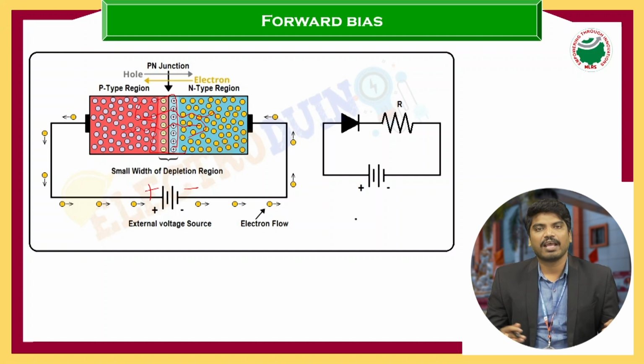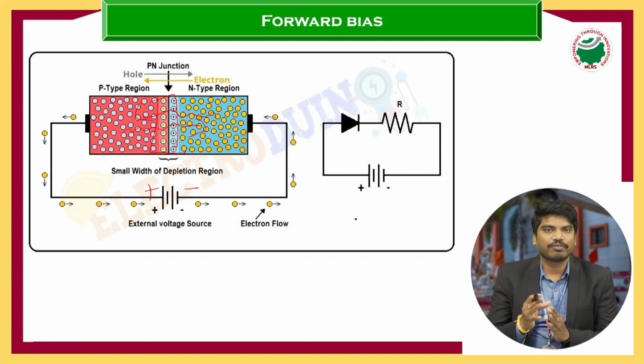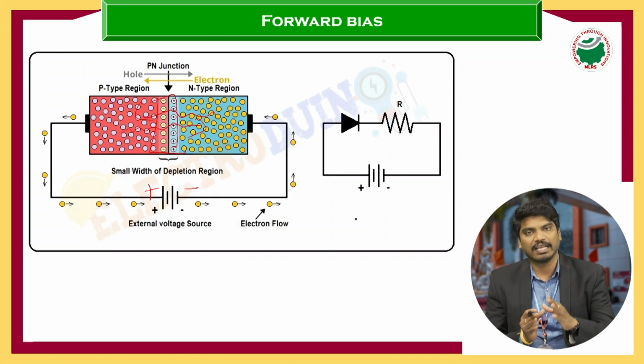Okay, that means in forward bias, what happened? The depletion region decreases because P type is connected to the positive and N type is connected to the negative. All the electrons are pushed towards the P side and all the holes are pushed towards the N side.